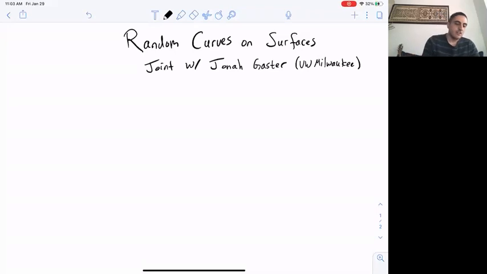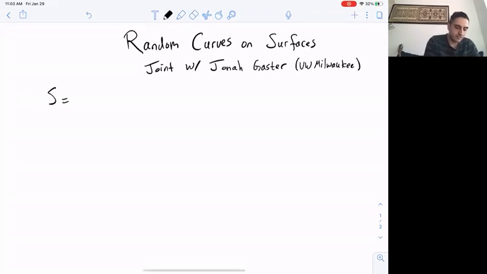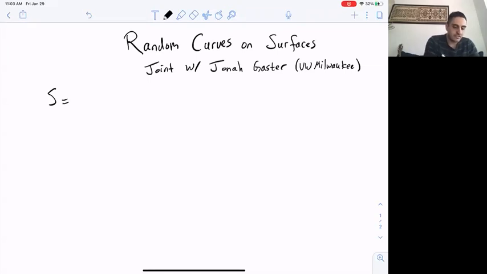Okay. Great. So for the setup, I just want to start with some surface S. Let's say not necessarily closed, but let's say genus G bigger than or equal to 2, just to avoid annoying cases, although most of the assumptions I make are not necessary for the theorems I'll state.